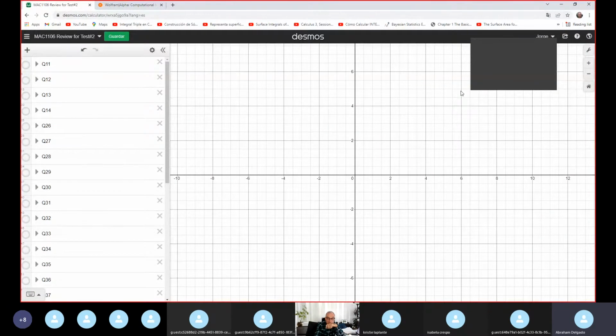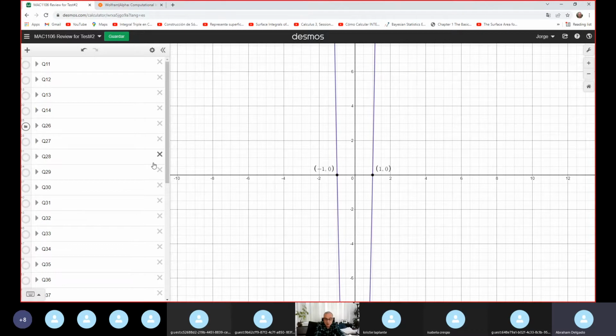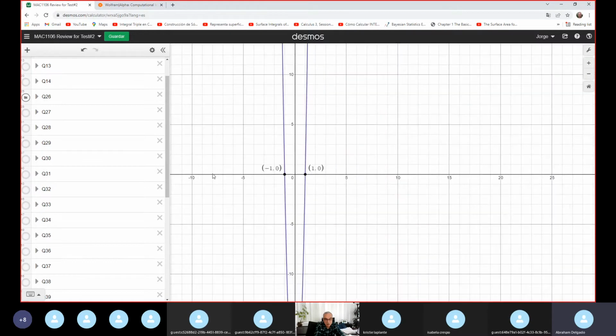Do you see Desmos or no? Yes? Okay. Look at that. At least you see one piece of the polynomial, but the important piece. You can make a zoom, no? Zoom in, zoom out. It's okay.